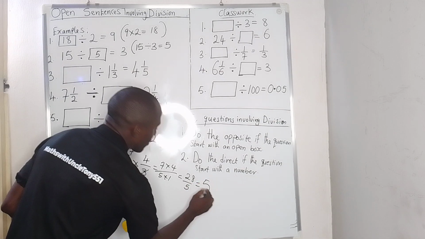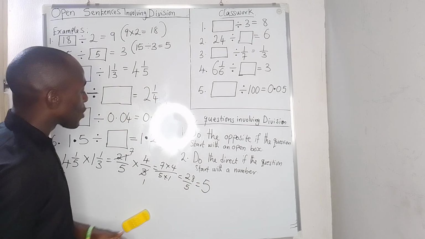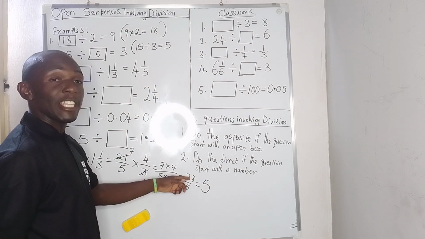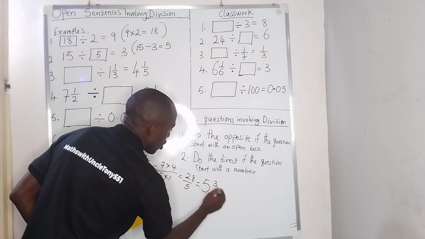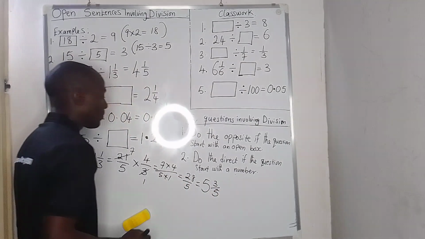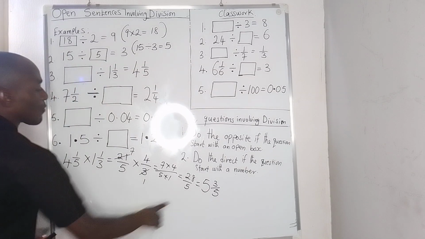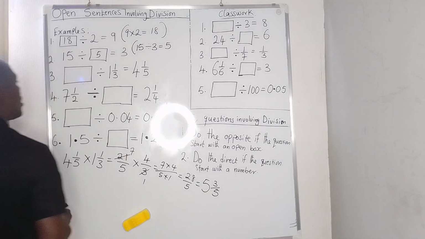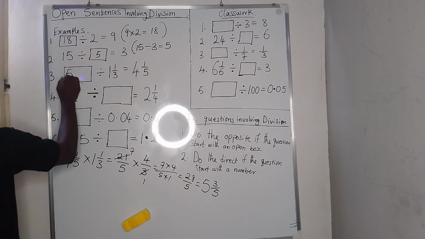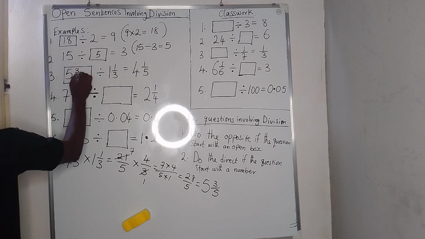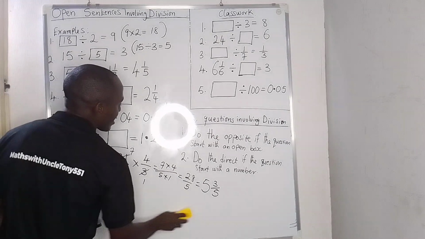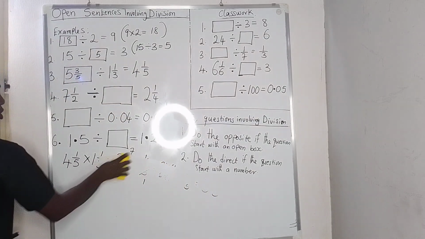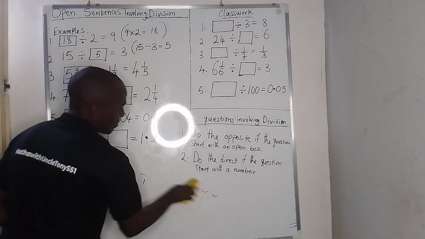Out of 28, you take away 25. You'll be left with 3 over 5. So our answer is 5 whole number 3 over 5. Let's fix it here. Can we check? Let's check whether our answer is correct to ensure that we are doing the right thing.